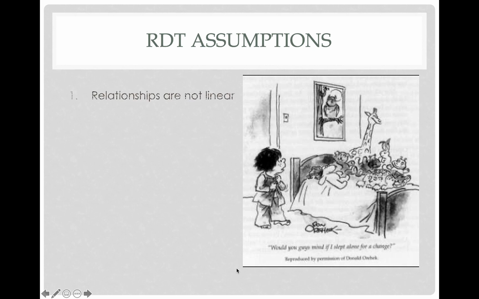So the first assumption is that relationships are not linear, and RDT really tried to push back against previous theories in that regard, because most other theories suggested that we're on an ongoing progression of increasing intimacy, or evolution of a relationship into a deeper, closer relationship. Certainly people understood that relationships ended and there were breakups, but you were either going this way or you were going this way.